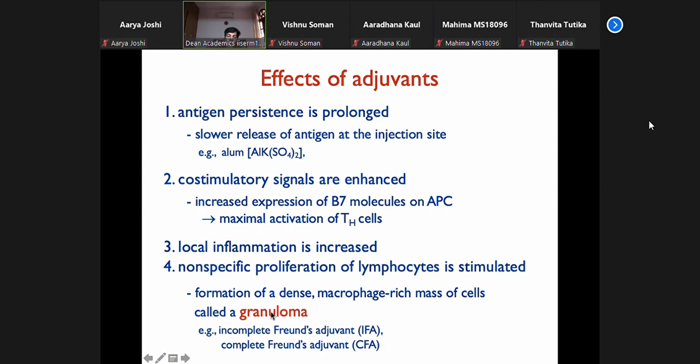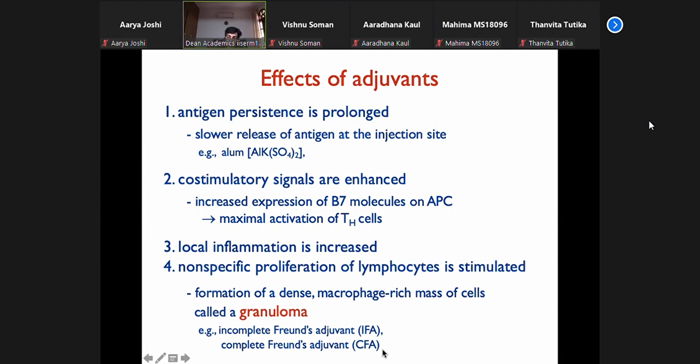For example, granuloma formation is one of the key factors to induce a good immune response, although these are not used for human medicine these days. Incomplete and complete Freund's adjuvants are chemicals which serve as adjuvants, and they can very efficiently induce the immunogenicity of any antigen.